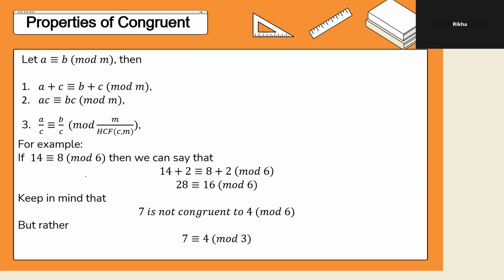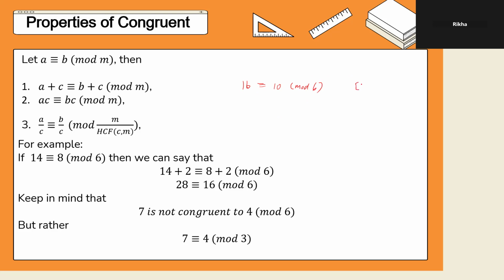For example, here I give you an example. Let's say we know that 14 is congruent to 8 modulo 6. And if we add both numbers with 2, we know that 16 is also congruent to 10 modulo 6. Both belong to the residue class, what was it? 4.